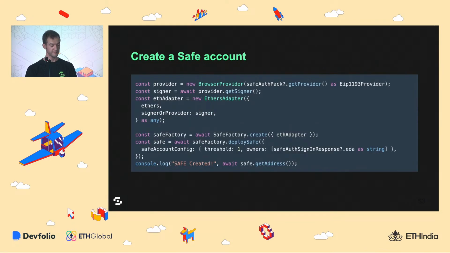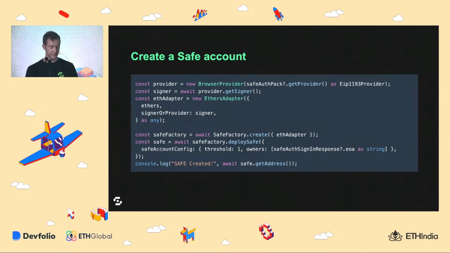safeauthpack.getProvider. And here, one of the most important things, you can create a safe account. If we go from the bottom to the top, I think that will be easier to follow. At the very end, we see a console log. The safe has been created by calling safe.getAddress. But how do we get that safe?